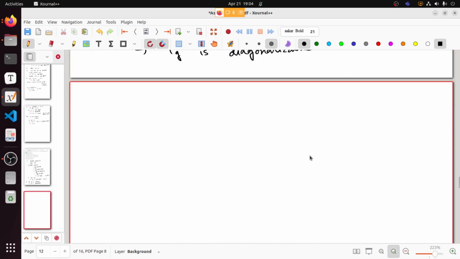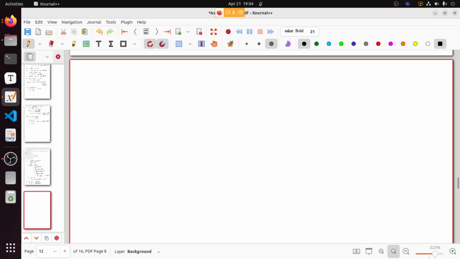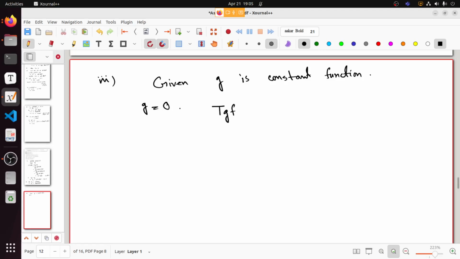So this is option number 3, given that g is a constant function. So let's say g is the 0 function. Then what will happen to Tg of f?